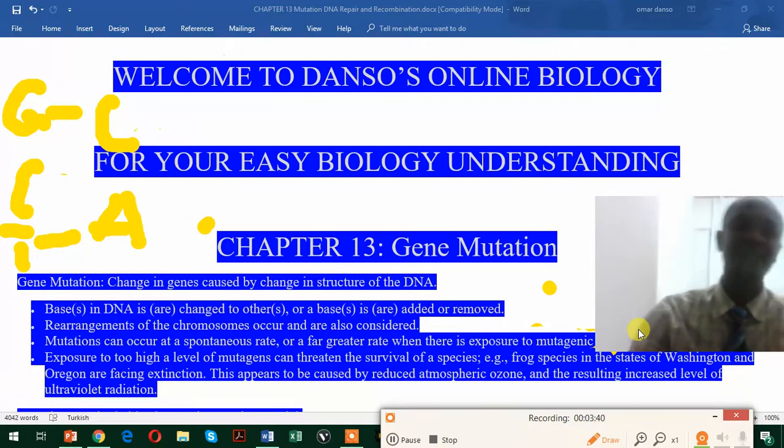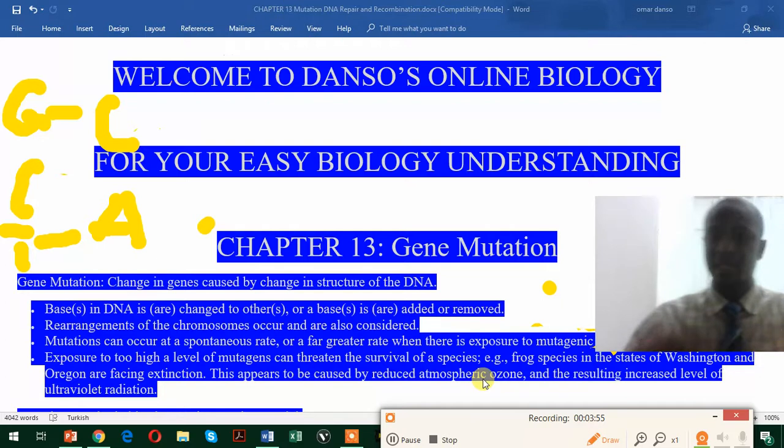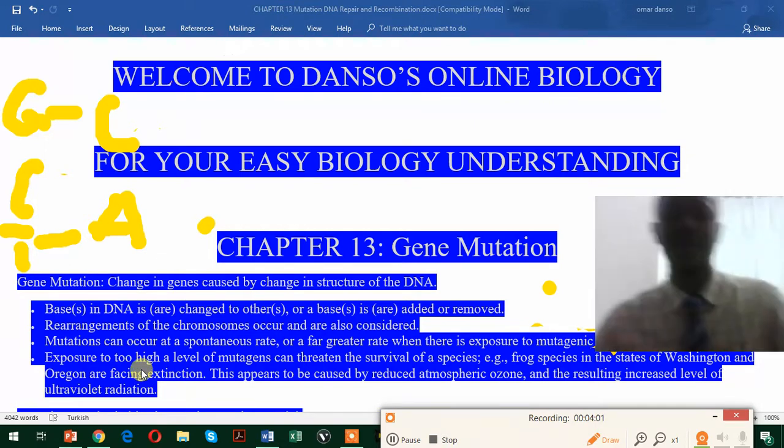So these frog species, they faced a very high extinction rate. And the research shows that the main reason for that is because the atmospheric ozone layer has been reduced a lot, and that results in an increase of ultraviolet radiation.